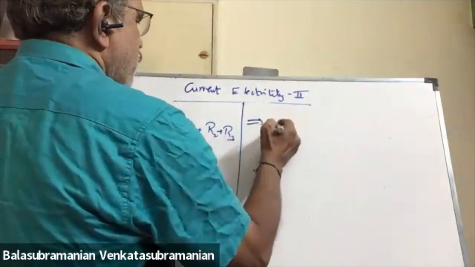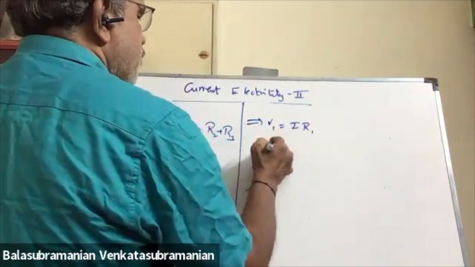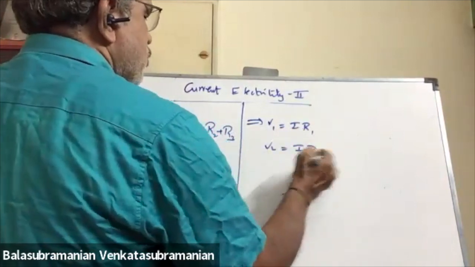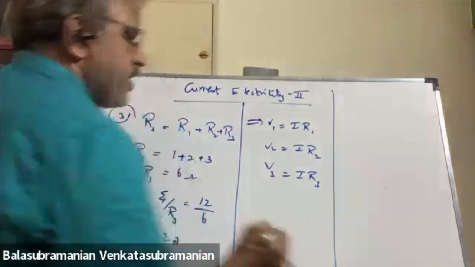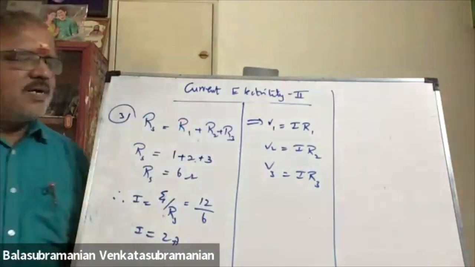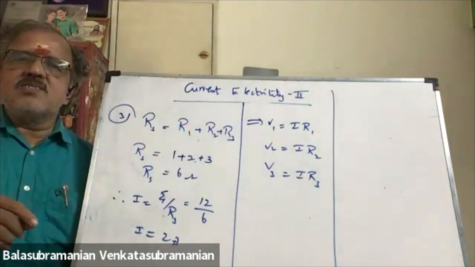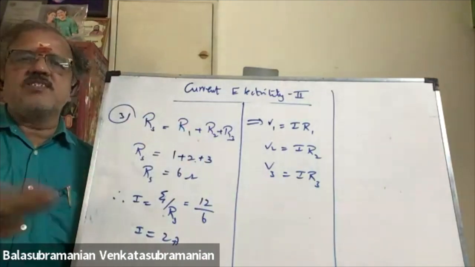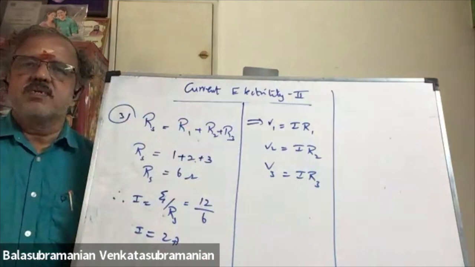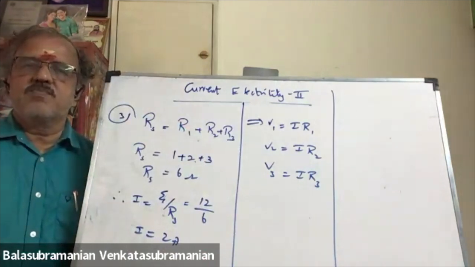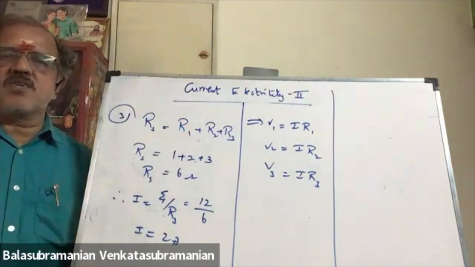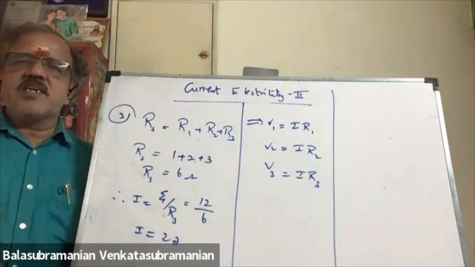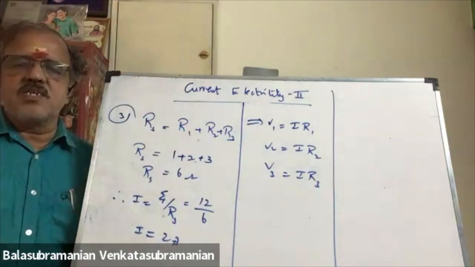Therefore, V1 is IR1, V2 is IR2, V3 is IR3. Here you should know, current is constant in the case of series resistors. In parallel connection of resistors, potential difference is constant. In series connection of resistors, current is constant.